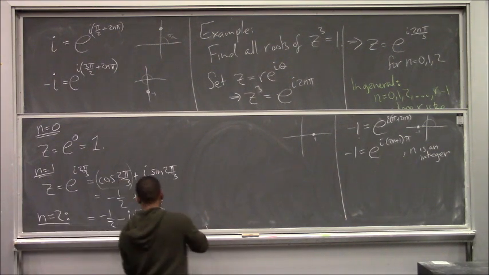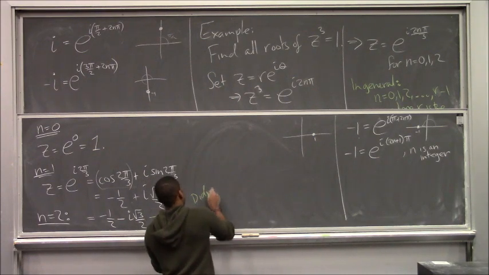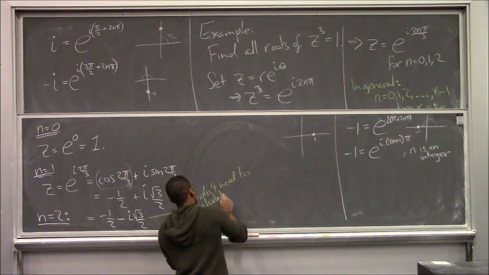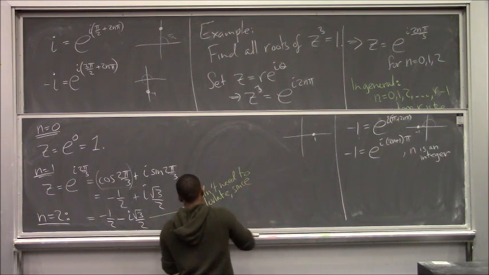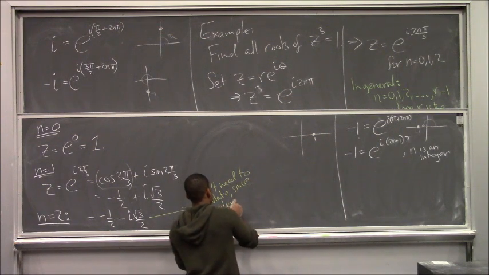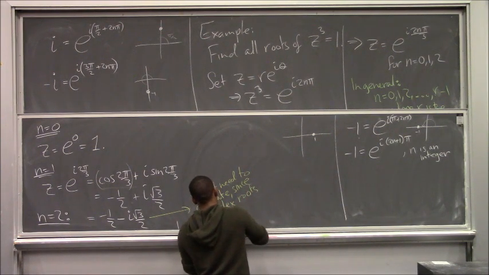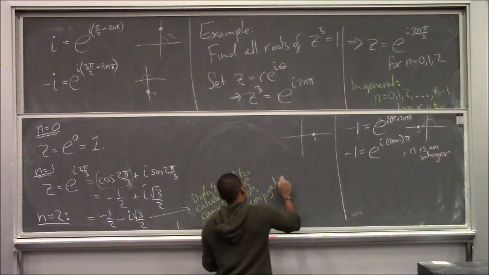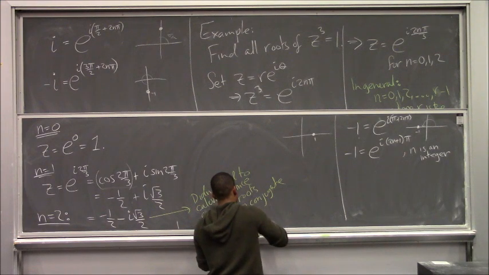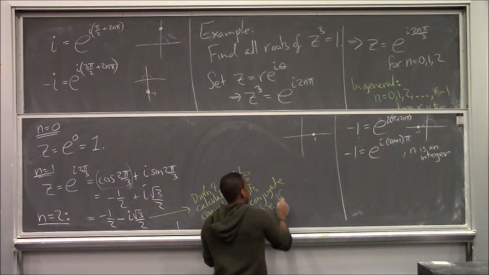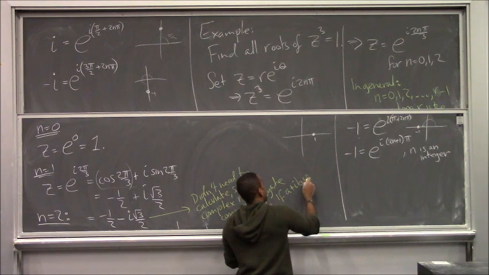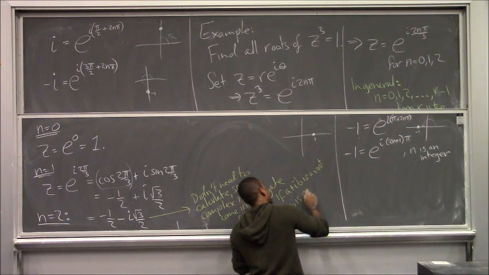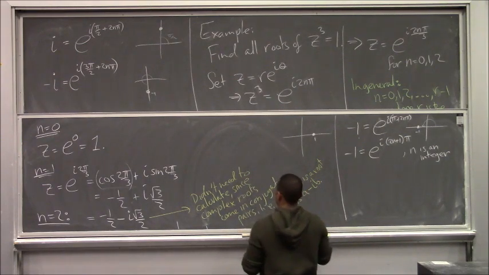So I didn't need to calculate this, since complex roots come in conjugate pairs. That is, if a plus ib is a root, then so is a minus ib, and vice versa, of course.